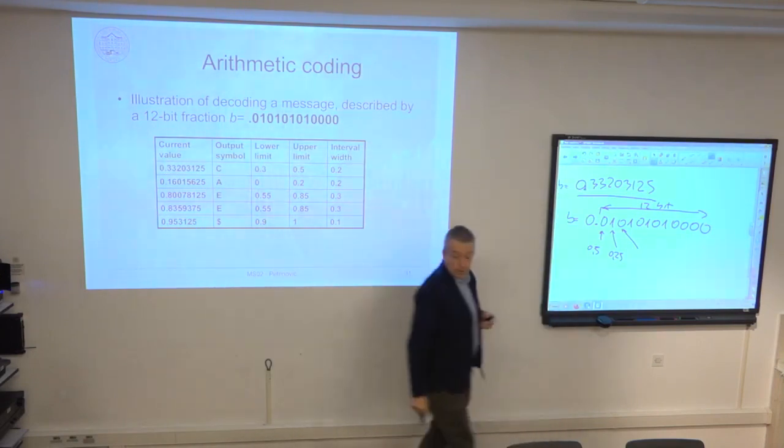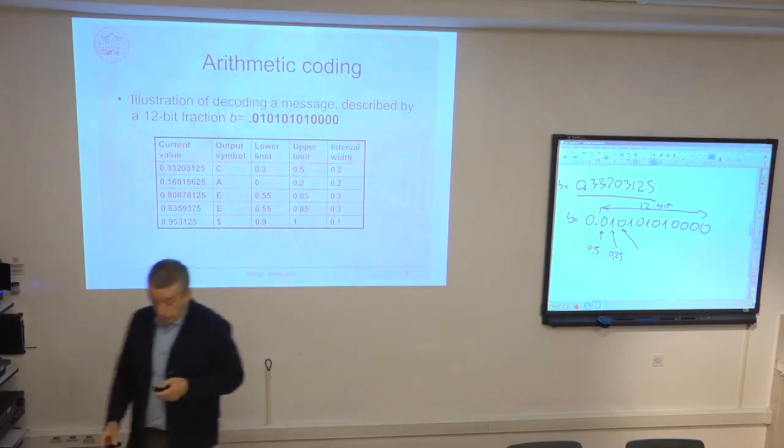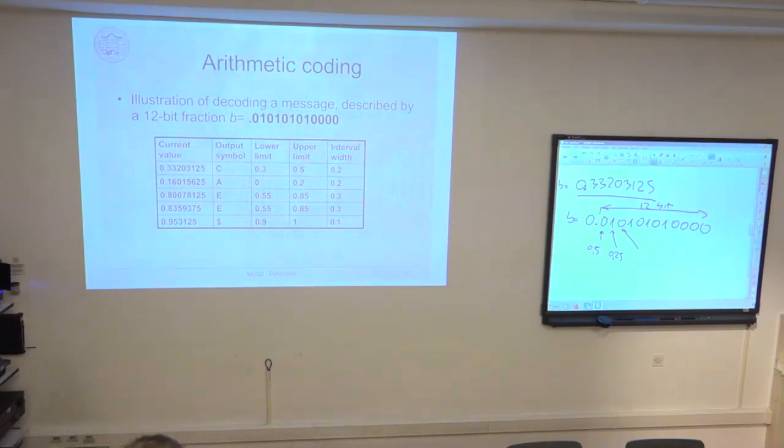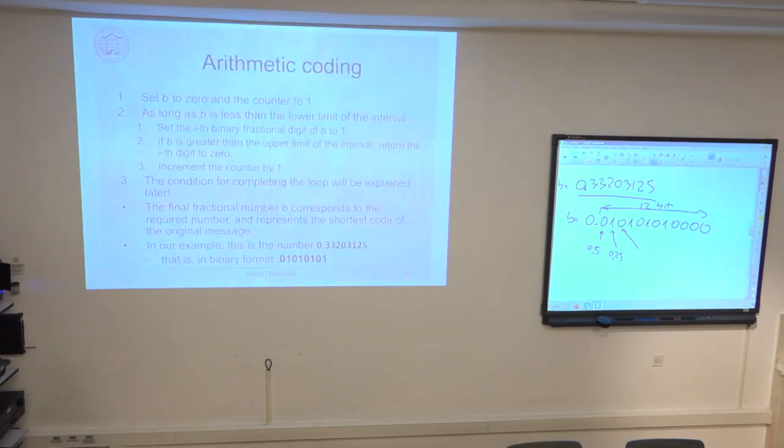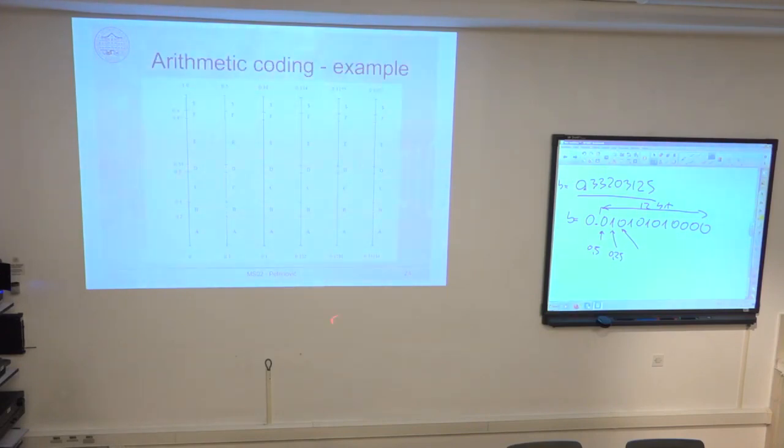Now we will start from this B. We have to check whether this B is really in the desired interval. The desired interval was 0.33184 to 0.3322. It is larger than 0.33184 because it is 0.332 something. Is it smaller than 0.3322? Yes, it's smaller than the upper bound.